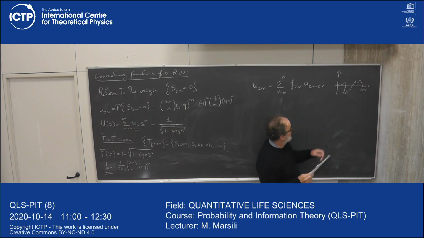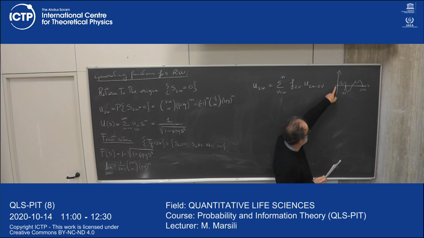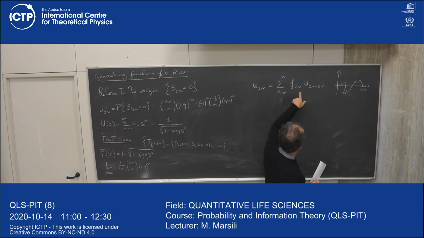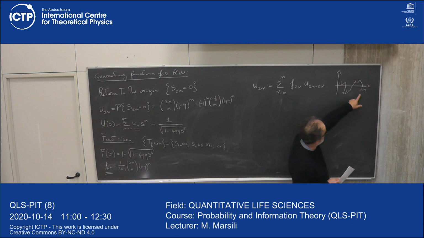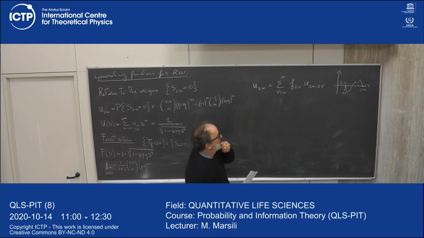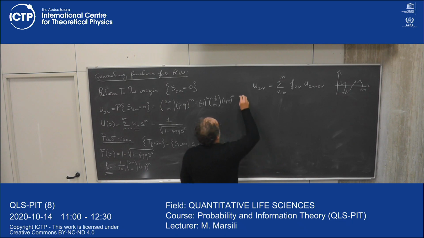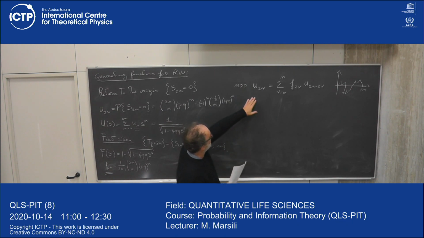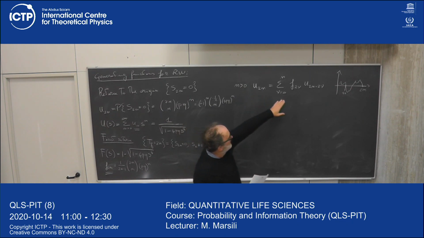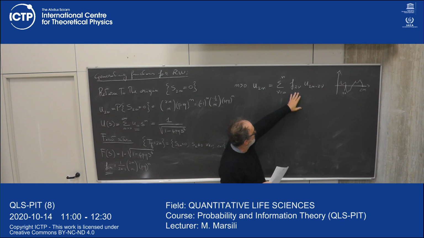Well, it cannot be equal to 0 because f of 0 is equal to 0. So you get this equation. This equation, of course, is true only for n positive, because for n equal to 0, u0 is equal to 1, and f of 0 is equal to 0.